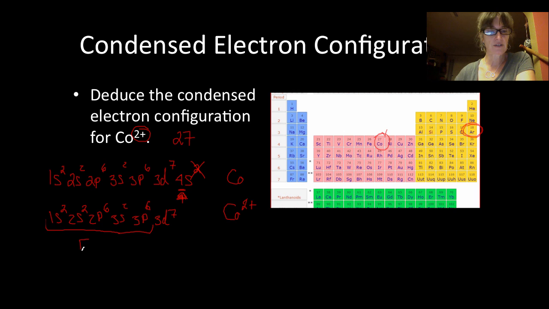So I can actually write argon instead of these 18 electrons, and then write 3d7. And that is the condensed electron configuration for cobalt 2 plus. So we simply substitute the noble gas that's a row above the element that I'm interested in. And then I have a shortcut or condensed configuration.